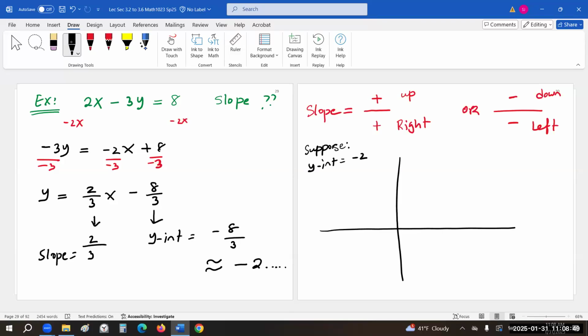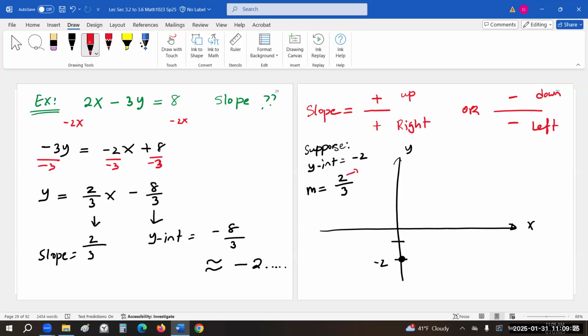In order to graph using the slope and y-intercept, we have to start with the y-intercept. Plot your y-intercept. This is y, this is x, and somewhere here we have negative 2. So this is our first point. Now from this negative 2, we are going to walk our slope. Our slope here is 2 over 3, both of them positive, right?